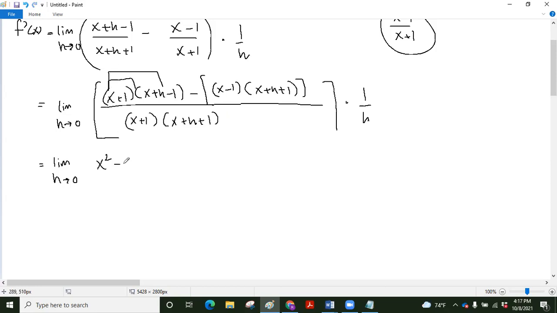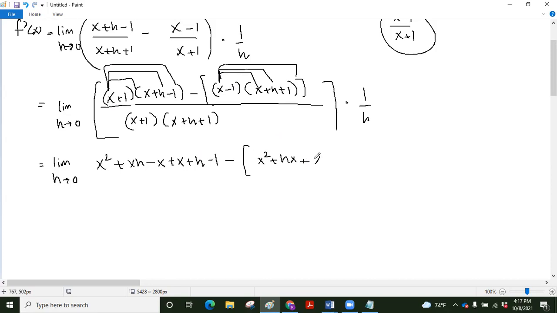x squared plus xh minus x, so x squared plus xh minus x plus x plus h minus 1 minus x squared plus hx, so x squared plus hx plus x, so x squared plus hx plus x minus x minus h minus 1, all over what we had before.